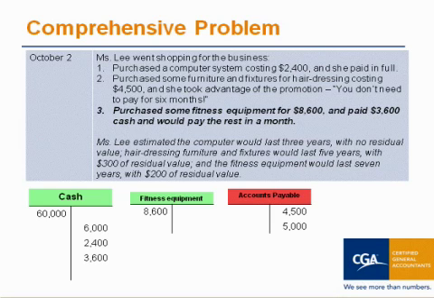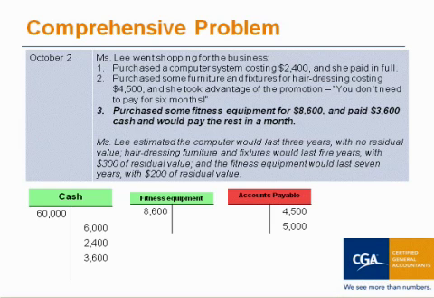And we spent $2,400 on computer equipment. The hairdressing furniture and fixtures are expected to last 5 years, and at the end of 5 years, Ms. Lee is expecting that the equipment will be worth $300. So what we need to do in this case is write down $4,500 over 5 years down to $300 and recognize the using up of that equipment over the 5 years.